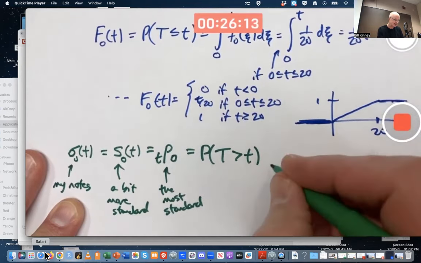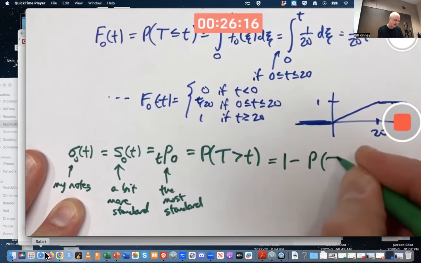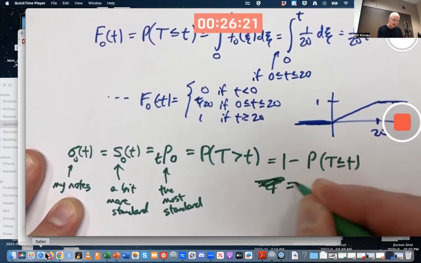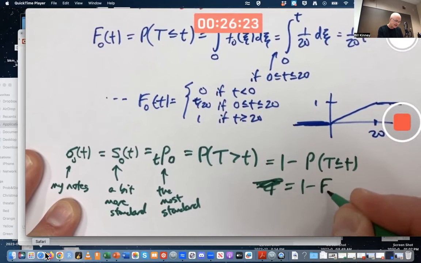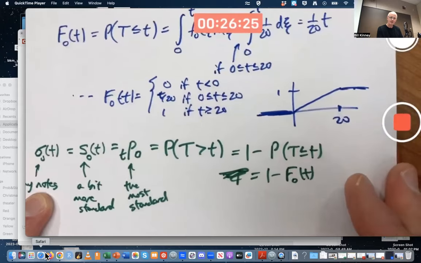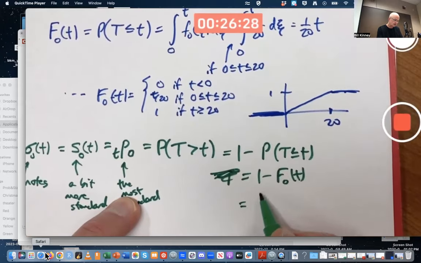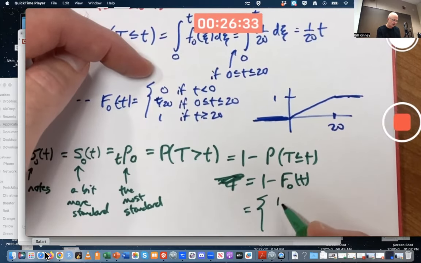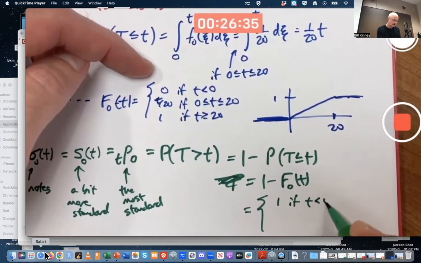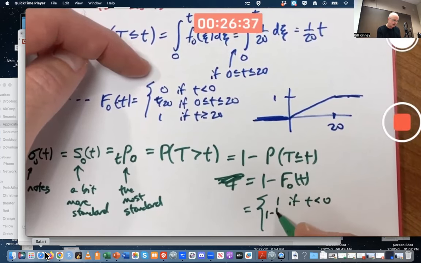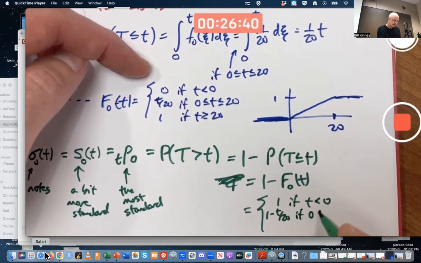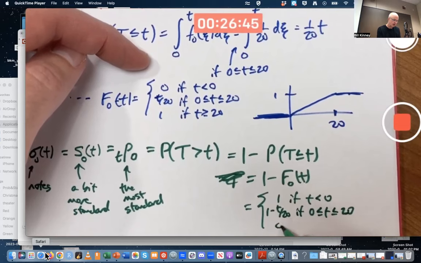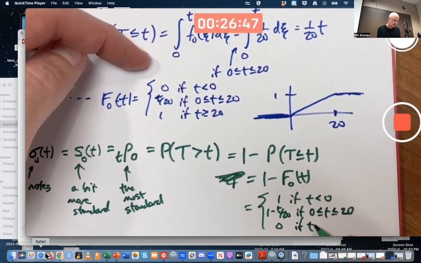And this is the complement of the CDF. It is 1 minus the CDF. For this example, that means it's going to equal, compared to this piecewise function, 1 minus 0 is 1 if t is less than 0. It's 1 minus t over 20 if t is between 0 and 20. And it is 0, 1 minus 1, if t is bigger than 20.